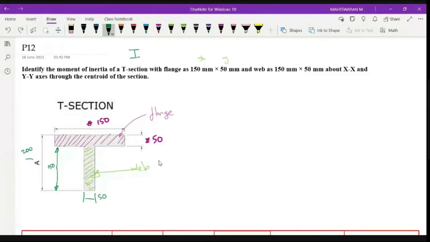Now I got this figure. First, I have to split this into two simple images. This is my first one, and this is my second one.